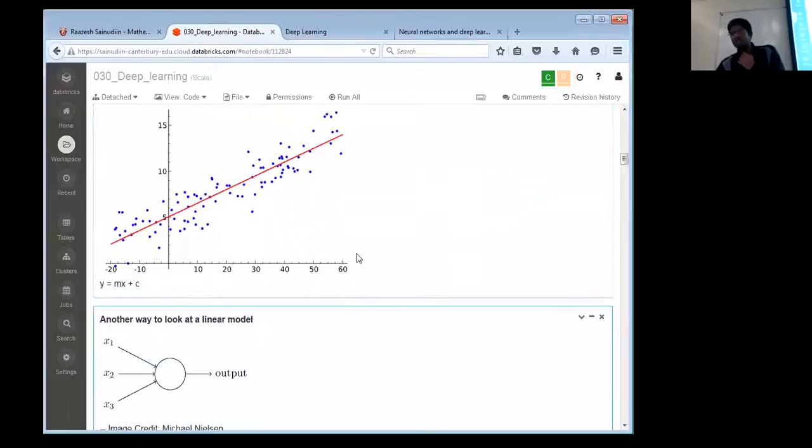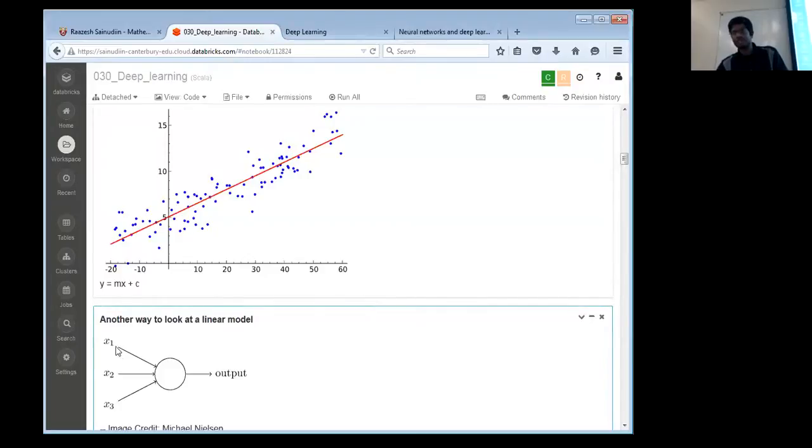Now, another way of looking at the same model is this. Let's say we have three inputs, x1, x2, x3, or let's just ignore x3 for now, and say we have x and y as inputs. What we're trying to learn is the weight on each of these edges.